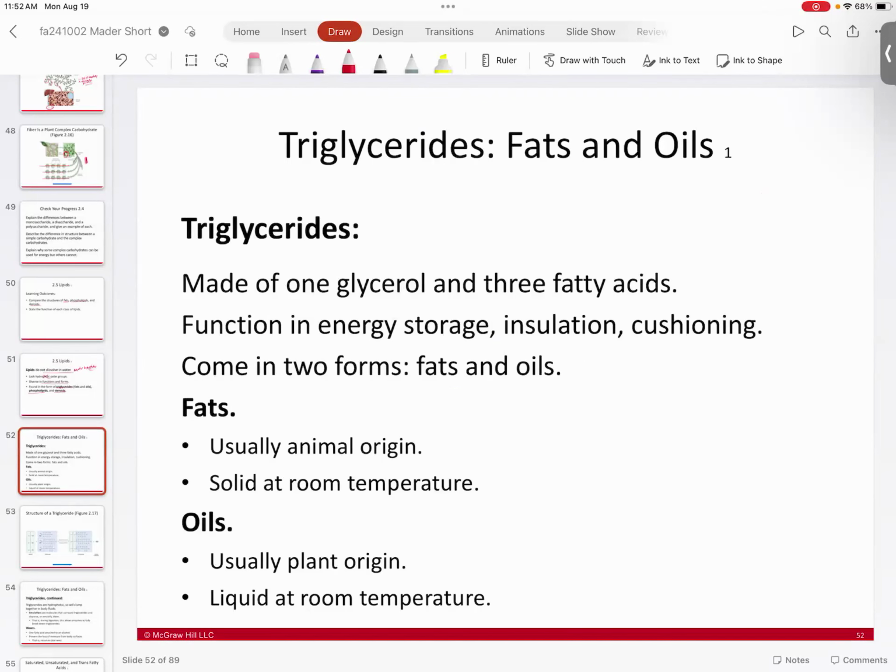A triglyceride is structurally made up of what's called a glycerol backbone. It's a 3-carbon backbone, actually a type of sugar, and to it are attached 3 fatty acids.